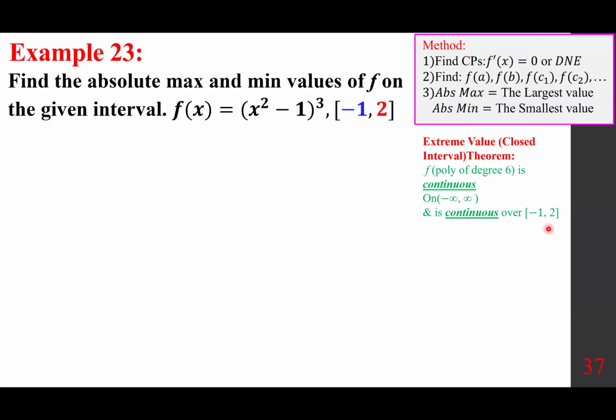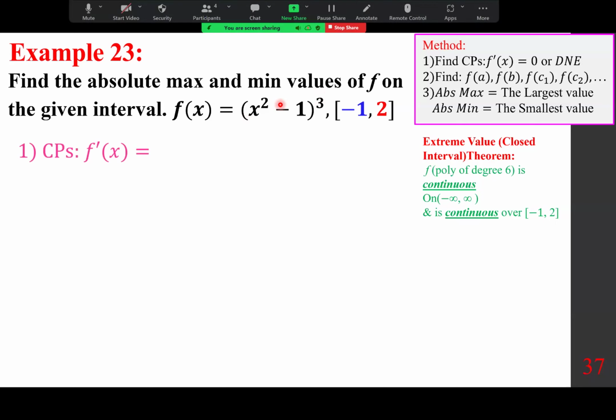So f prime of x would be 3 times x squared minus 1 to the power of 2, by the chain rule times the derivative of the inside. The derivative of the parentheses is 2x. And we put the 2x next to 3. We get 6x times x squared minus 1 quantity squared.